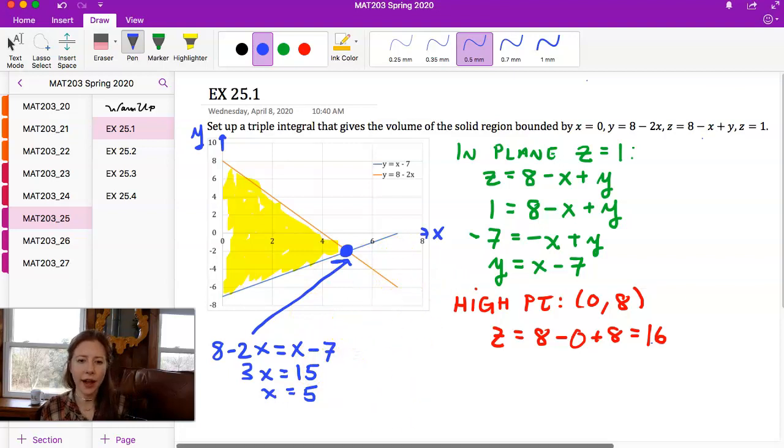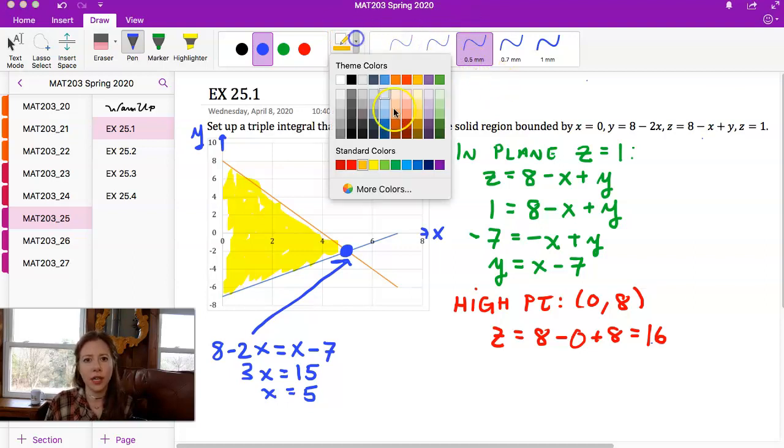So let's set up an integral, and let's start by setting the x bounds. You remember, when you're setting up integrals, you can't have a bound that contains a variable on the outside. So let's start with our limits for x.